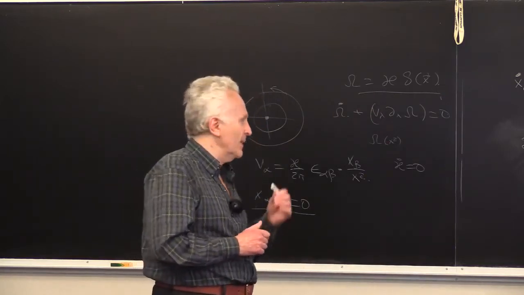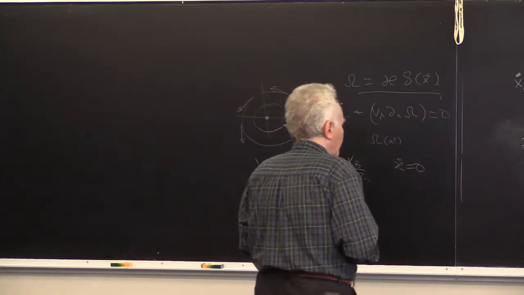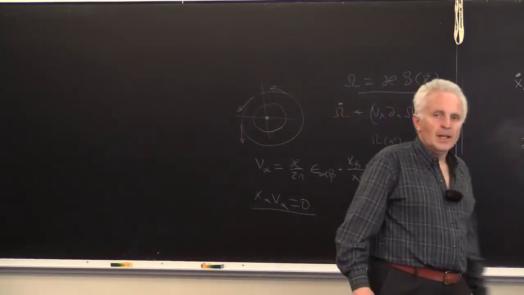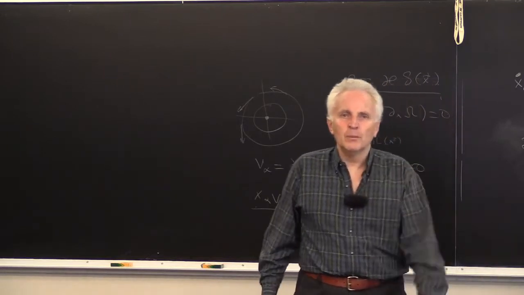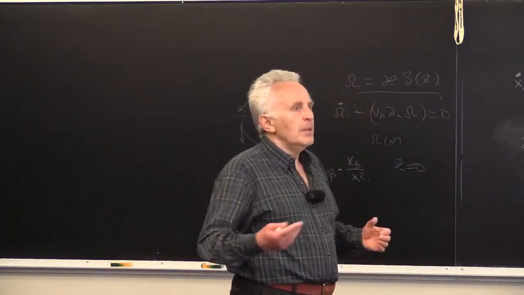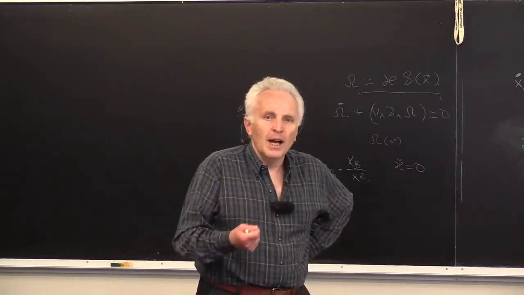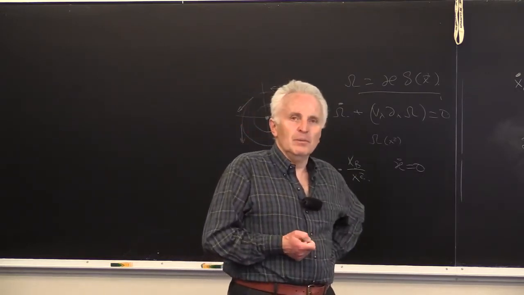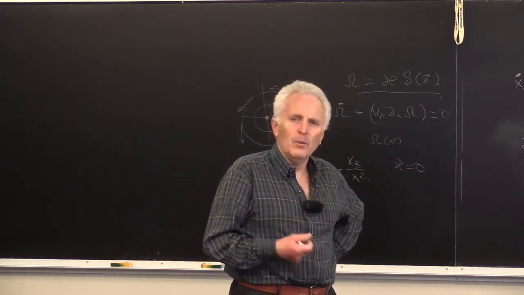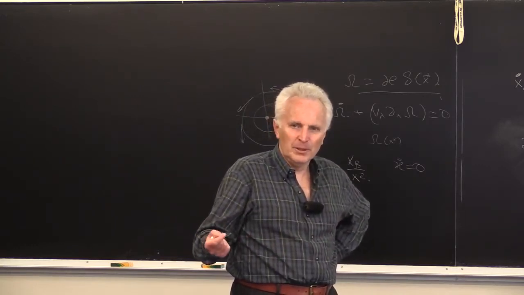In 3D we had 1 over r. By the way, what is the mathematical property of 1 over r which was responsible for its appearance in the Coulomb energy? Why is it 1 over r, in other words?